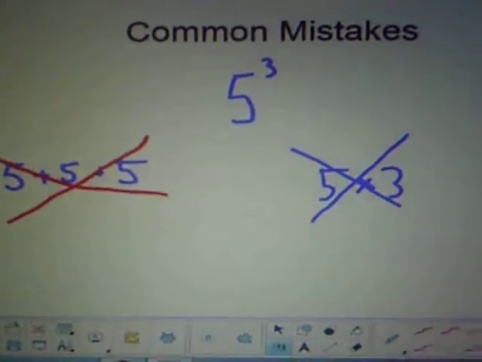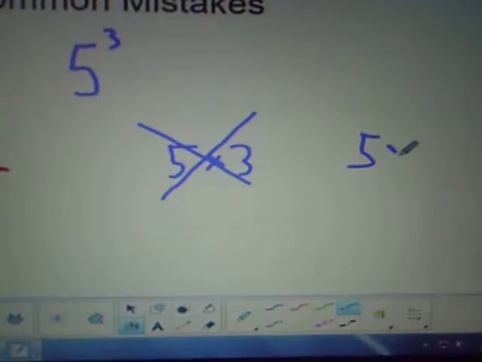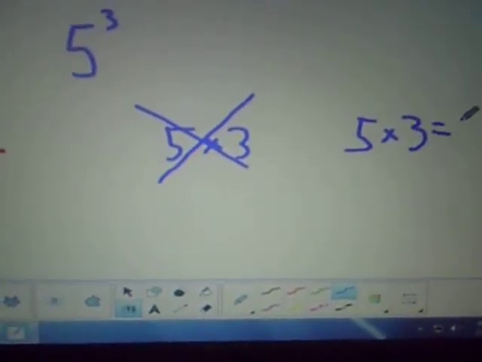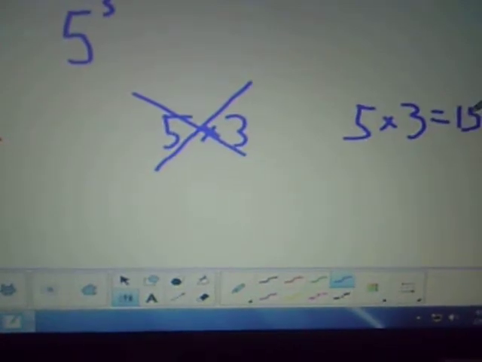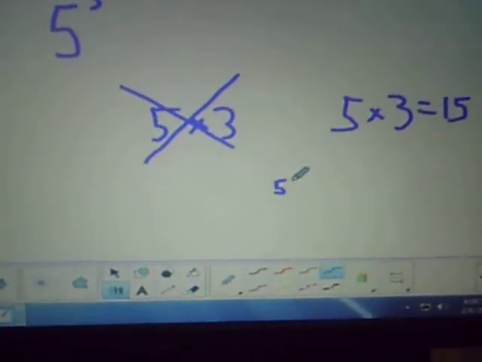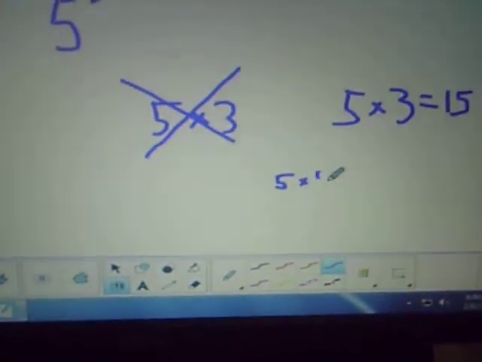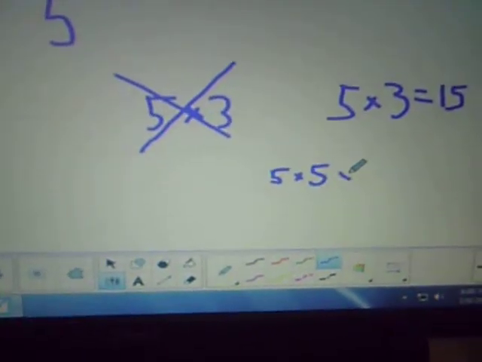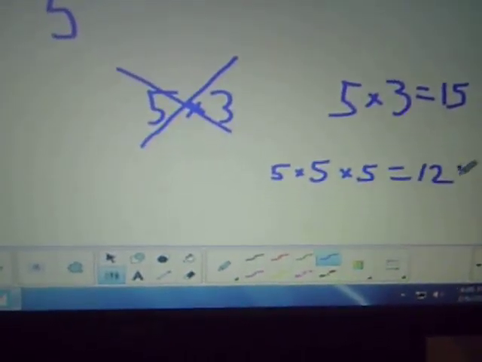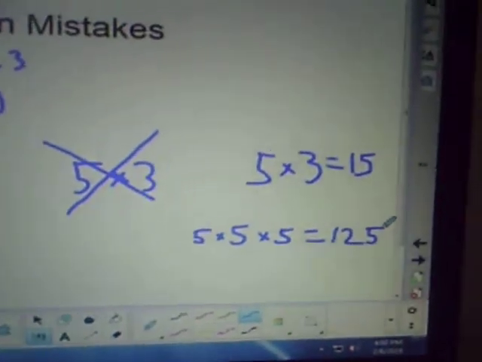Okay? 5 times 3 gives us 15, which is way different than 5 times 5 times 5, which gave us 125. So a big difference in values here.